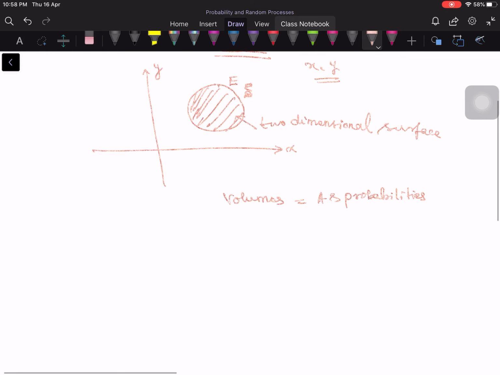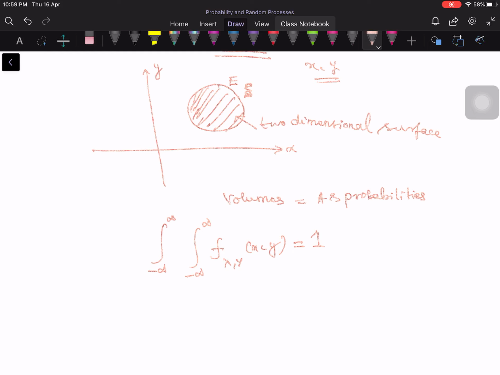That means you integrate x from minus infinity to plus infinity, and y from minus infinity to plus infinity, over the density function f_XY of x comma y. By the total probability theorem, it should be equal to 1. That's one property that we want our density function to have.